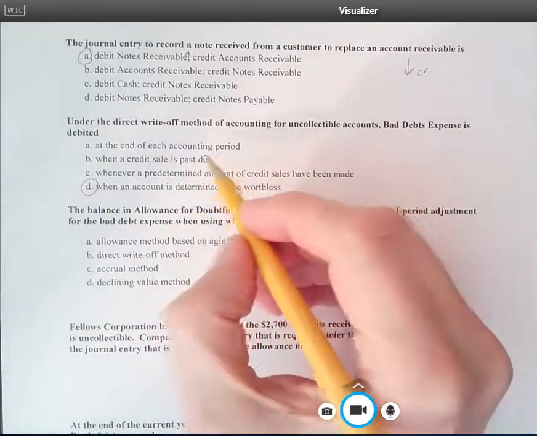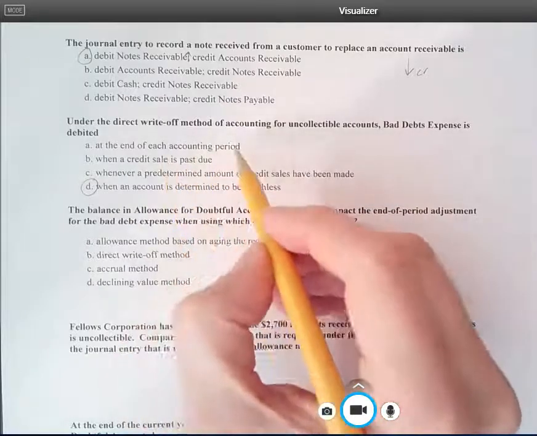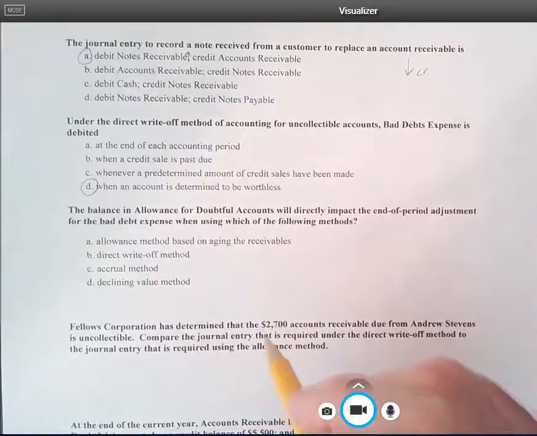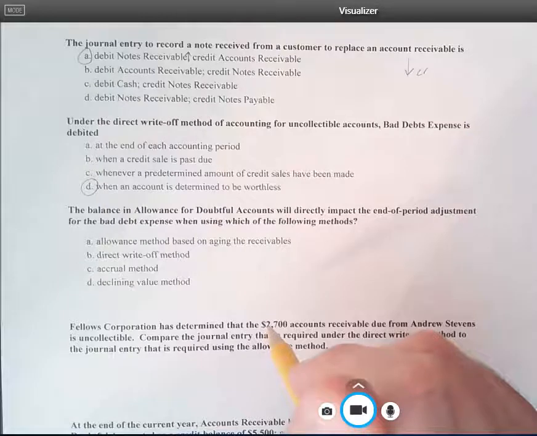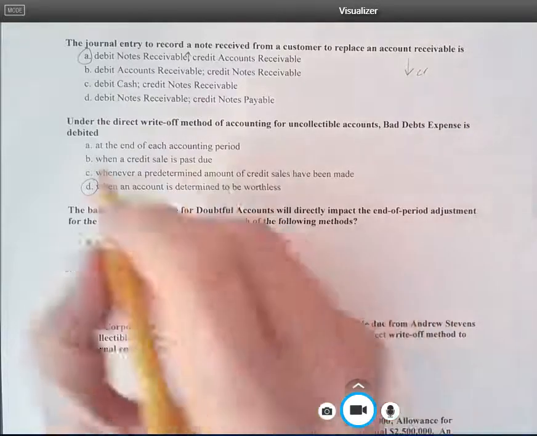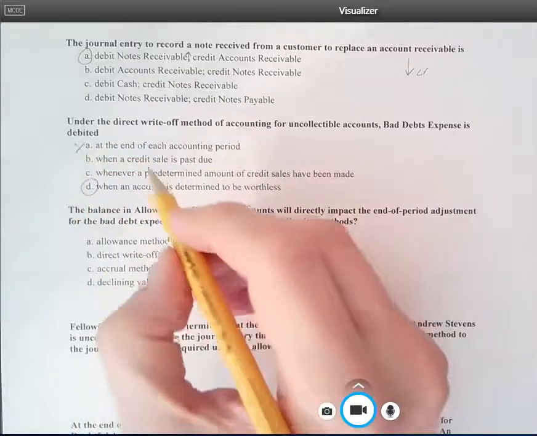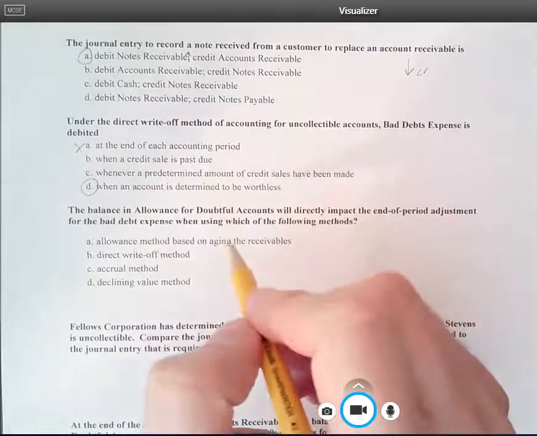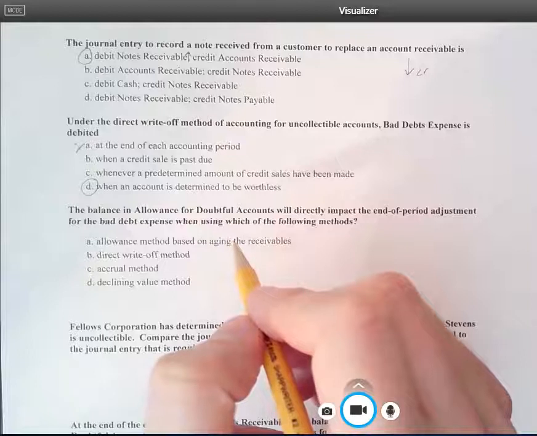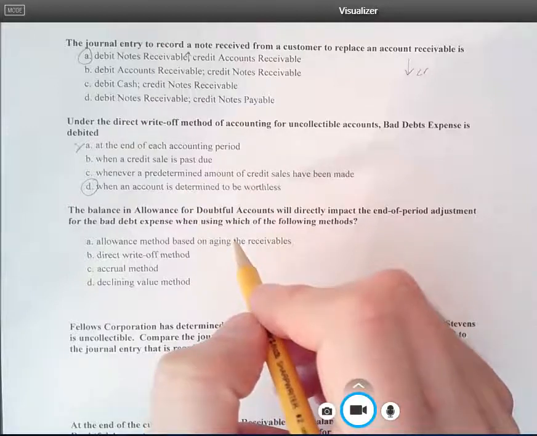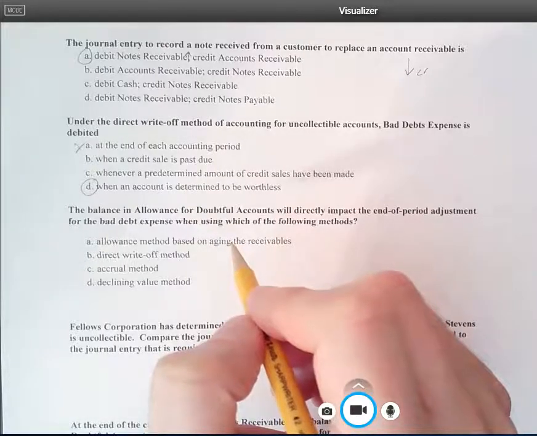Let's just look at some of these. At the end of each accounting period, this is referencing the allowance method and the adjusting entries that we need to make, whether we're using an analysis of accounts receivable or a percent of sales, whichever one. So that's going to be wrong. When a credit sale is past due, this is always an indicator that a receivable is in danger of not being collected, but that's only a first step.